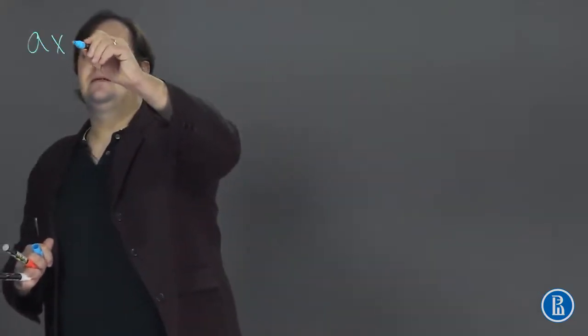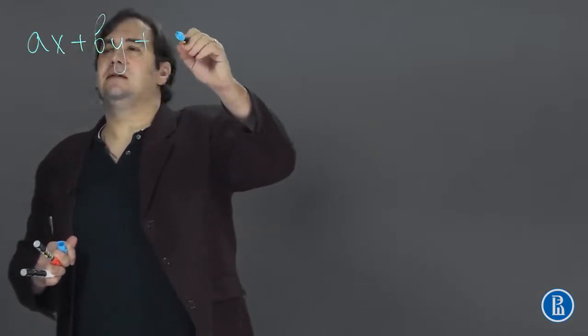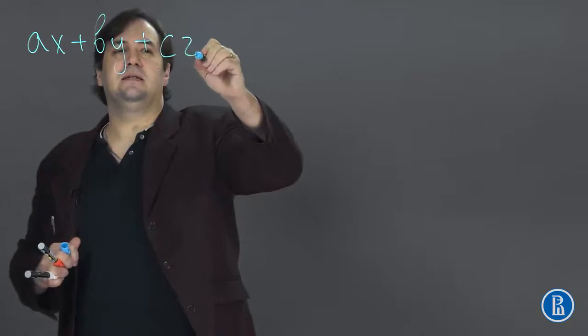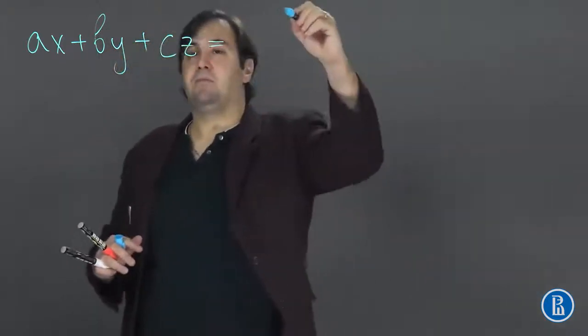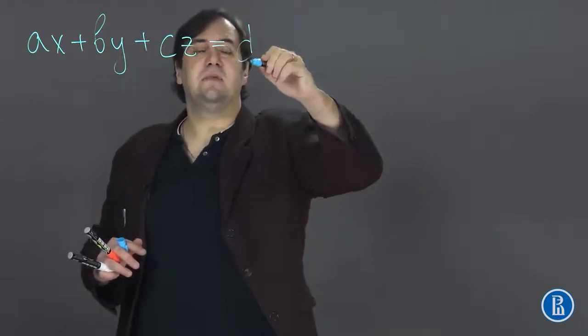This time I would like to discuss a linear Diophantine equation with three unknowns, x, y, and z. We'll discuss the general case: ax plus by plus cz equal to some integer number d, for instance.